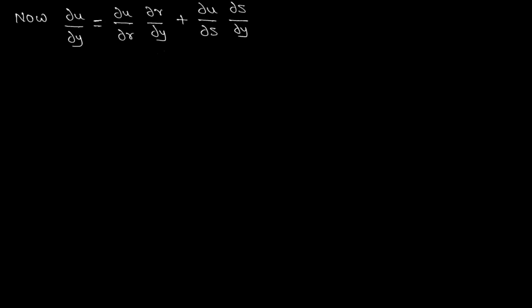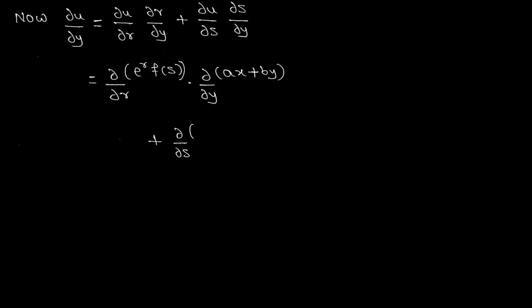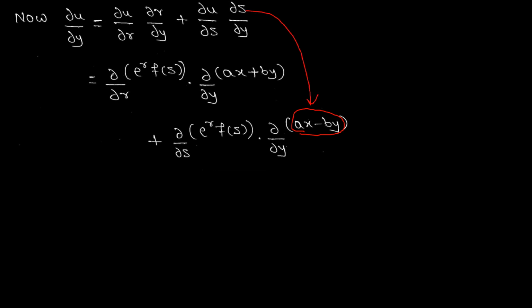Now similarly, let us find dou u by dou y. Dou by dou r of u into dou by dou y of r, thus dou by dou s of u is this, and into dou by dou y of s. S is this value. Now let us find the derivatives.